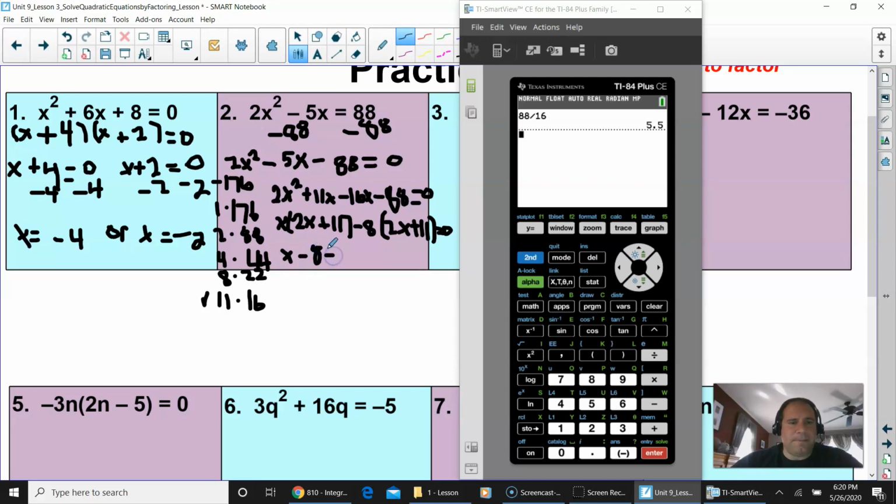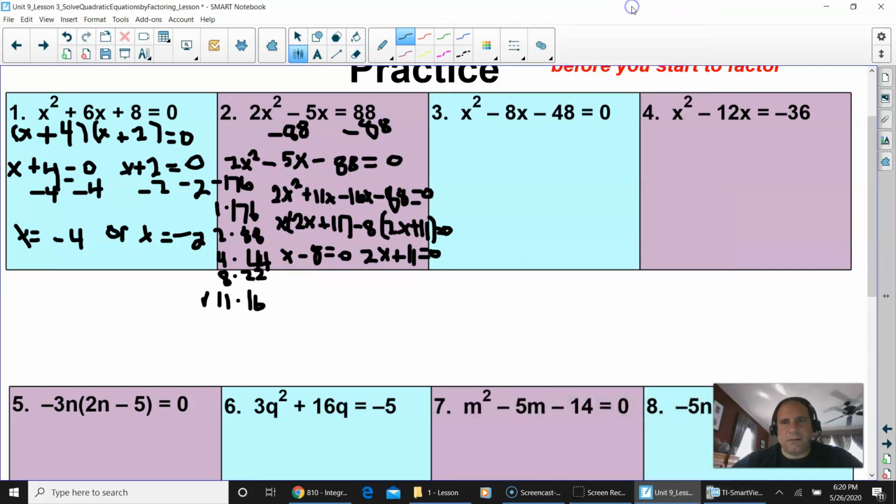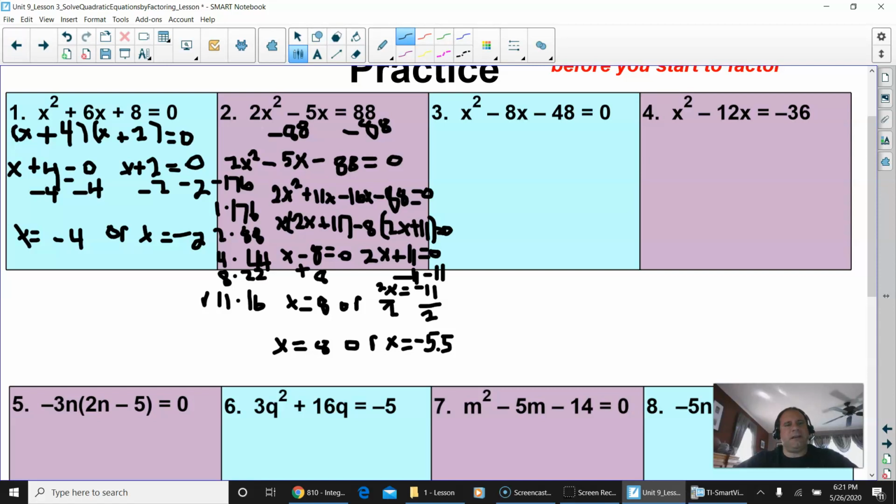Long problem. And 2x plus 11 equals 0. You add 8 on both sides, and you get x equals positive 8 as one of the roots, and then you subtract 11 on both sides.